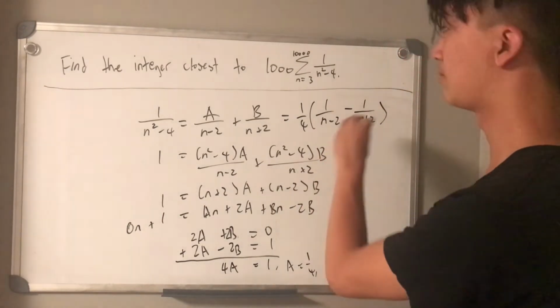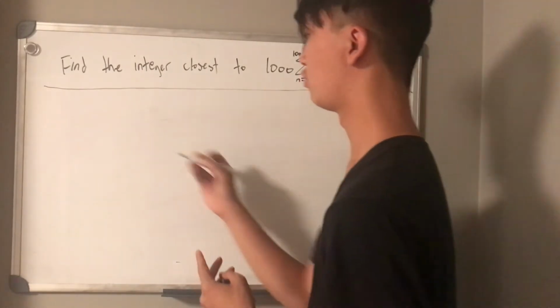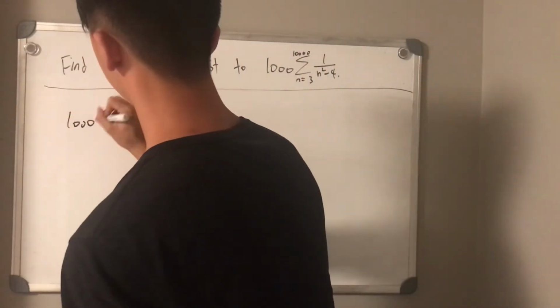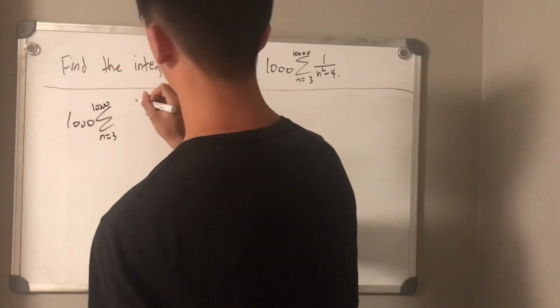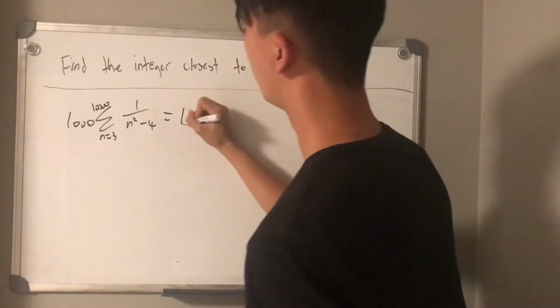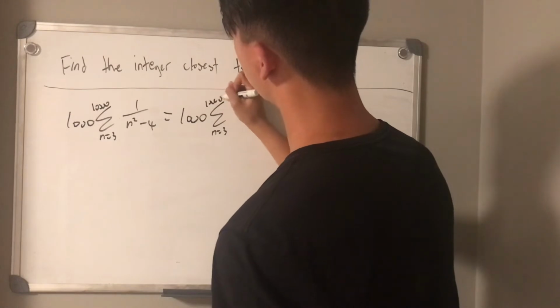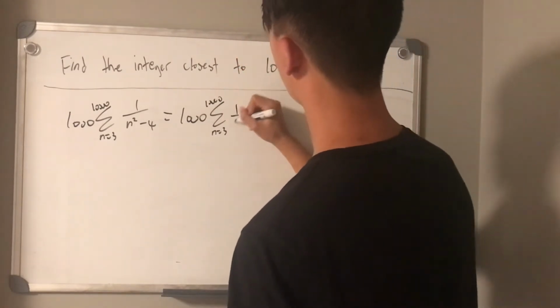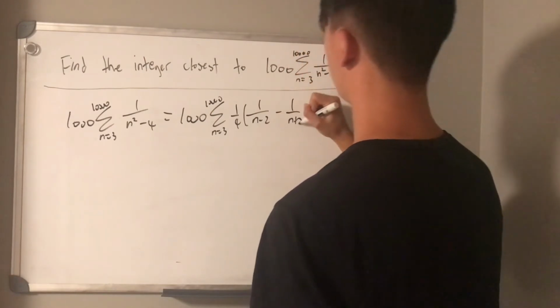So now, using this information, let's plug this back into the original equation. Alright, so now we have 1000 times the sum from n equals 3 to 10,000 of 1 over n squared minus 4, which we've shown is equal to 1000 times the sum from n equals 3 to 10,000 of 1 over 4 times 1 over n minus 2 minus 1 over n plus 2.